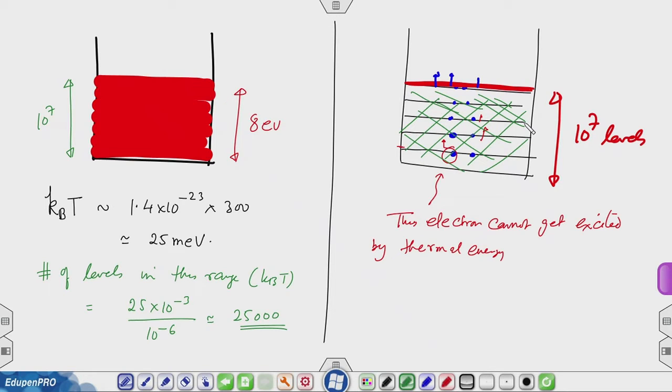So, you can say, if I make this picture roughly out here, only this thin layer participates in the thermal process.